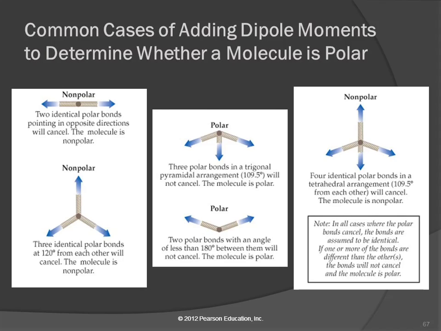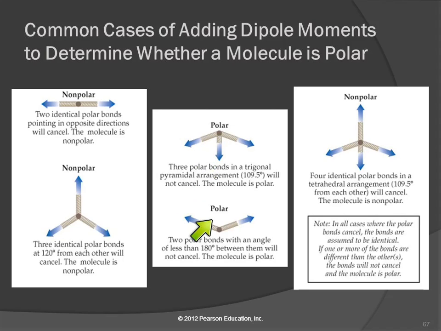So these are common cases. If you have two identical bonds in a linear shape, they're going to cancel each other out. If you have a trigonal planar shape with 3 identical bonds, those are also going to cancel each other out. If you think again about playing tug-of-war and you've got one guy pulling this way and one that way and one this way, this guy is just going to be pulled around, but he's not going to actually move.